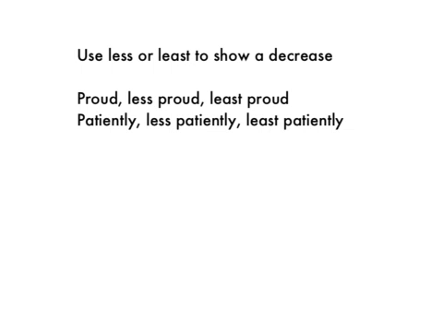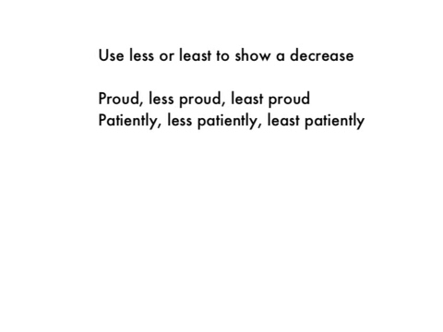When you want to show that something is less or is decreased by a degree, you use less or least. So, for example, I am proud of you, but he is less proud of you, less proud, and she is the least proud of all.